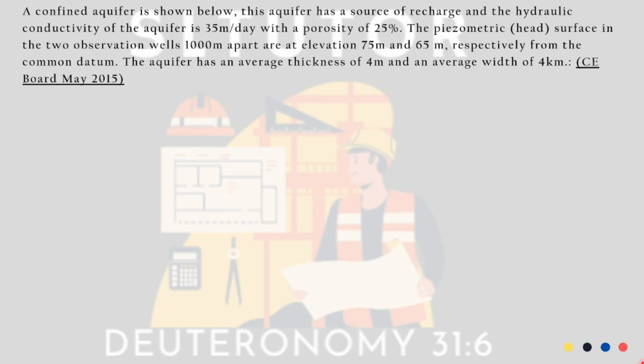Mamaya po papakita ko po yung figure. This aquifer has a source of recharge and the hydraulic conductivity of the aquifer is 35 meters per day. Ito pong hydraulic conductivity na to is K po yan, symbol of K, with a porosity N of 25%.